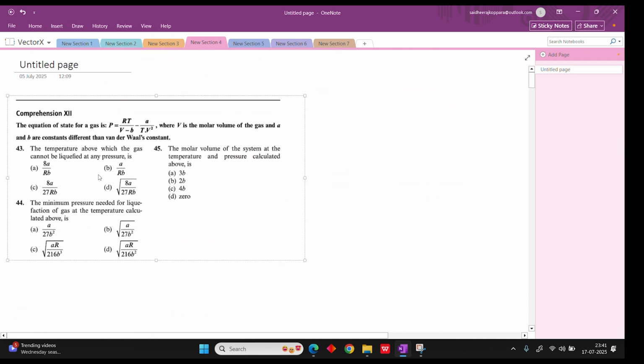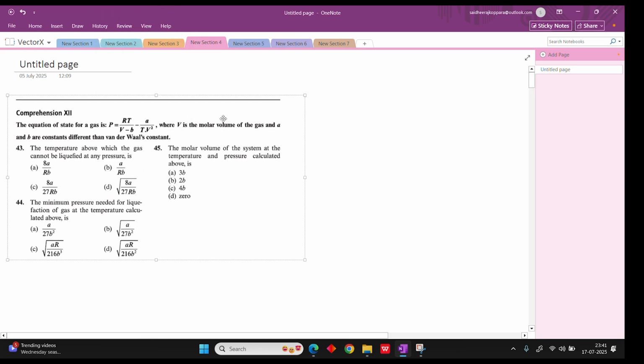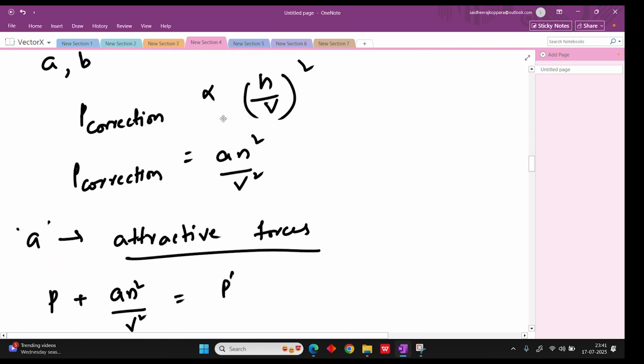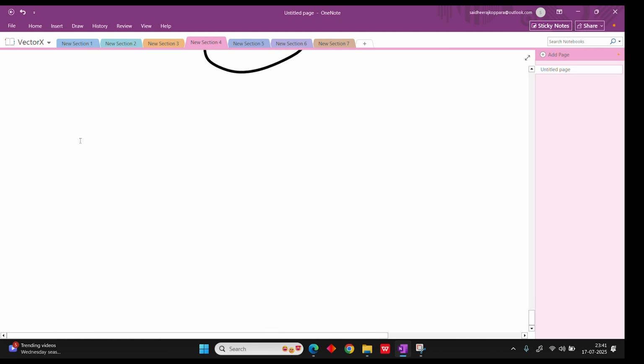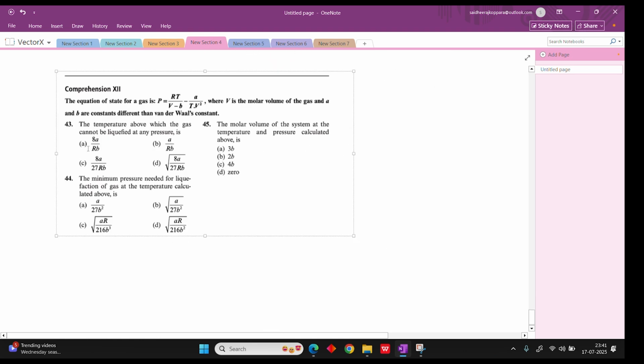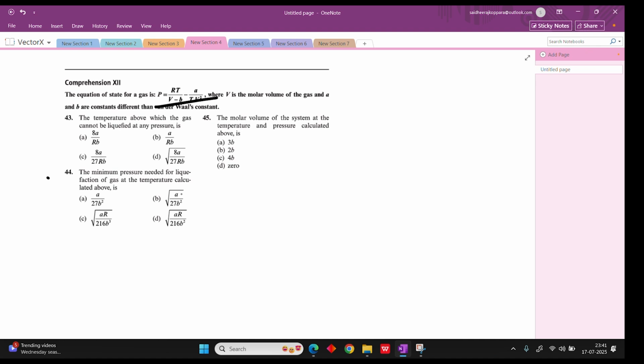Now coming back to our question. In this question, I told you I would let you know how to derive your values for TC, VC, and PC. Yeah. So here in this question, they actually changed the pressure equation.